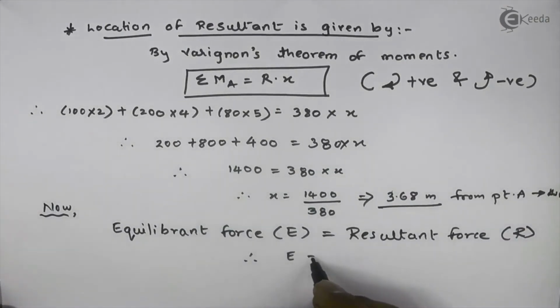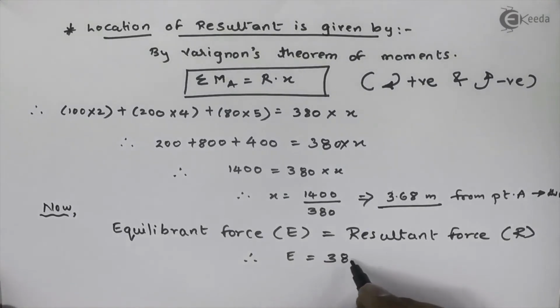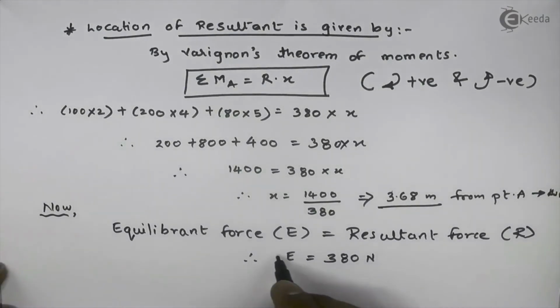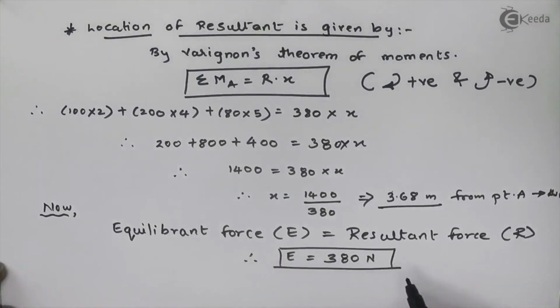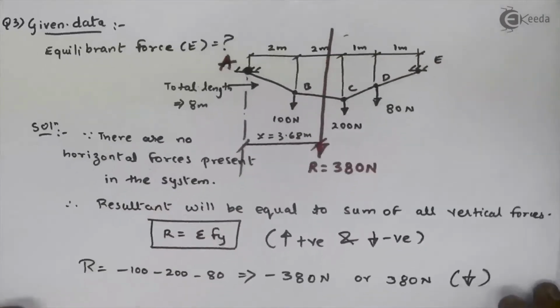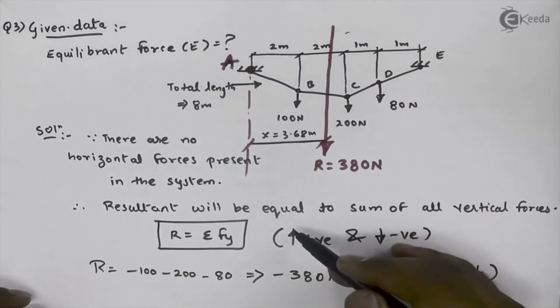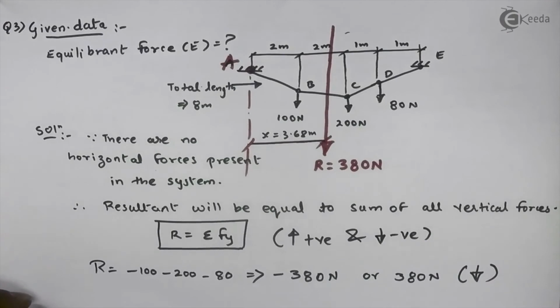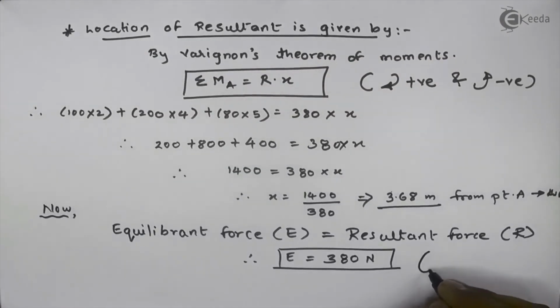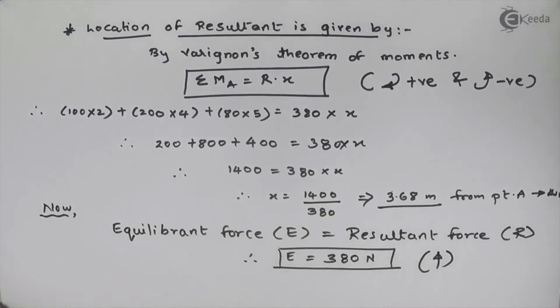Therefore, the equilibrium force is equal to the resultant force. The resultant was 380 Newton, so the equilibrium force is also 380 Newton. But the interesting thing is that the resultant was acting in the downward direction, as we have shown here. The equilibrium force will be opposite, meaning it will be in the upward direction. So the direction of the equilibrium force is upward.